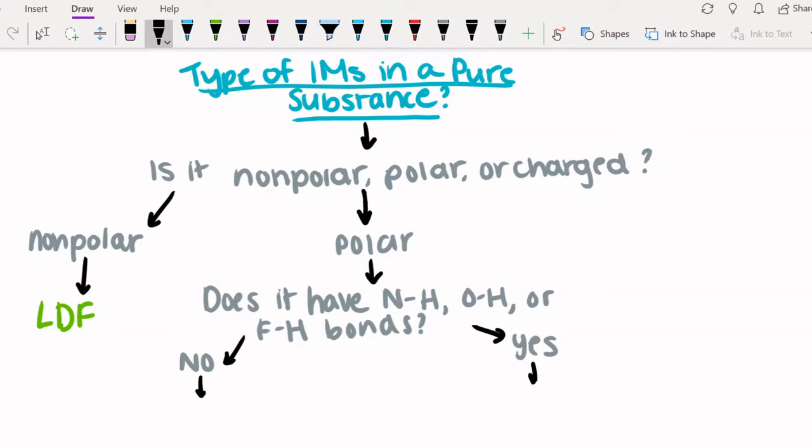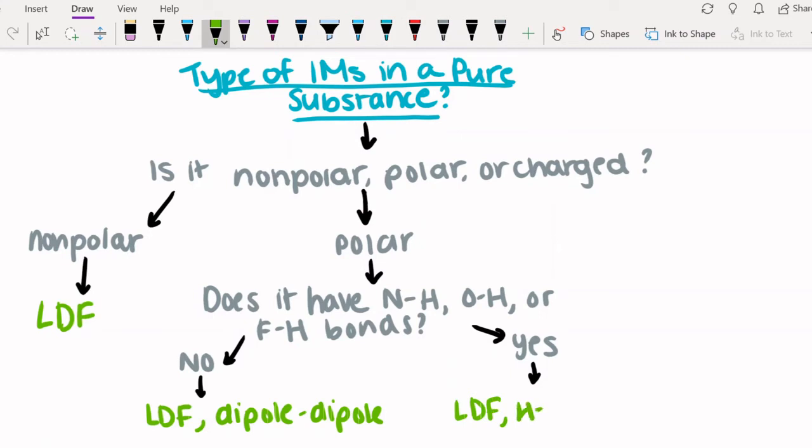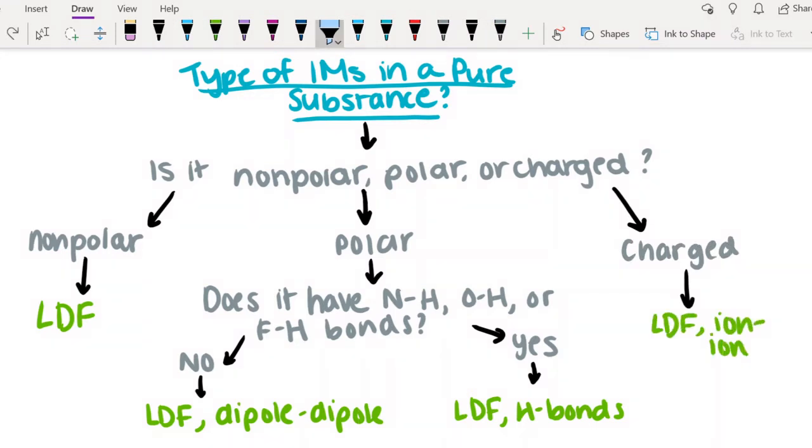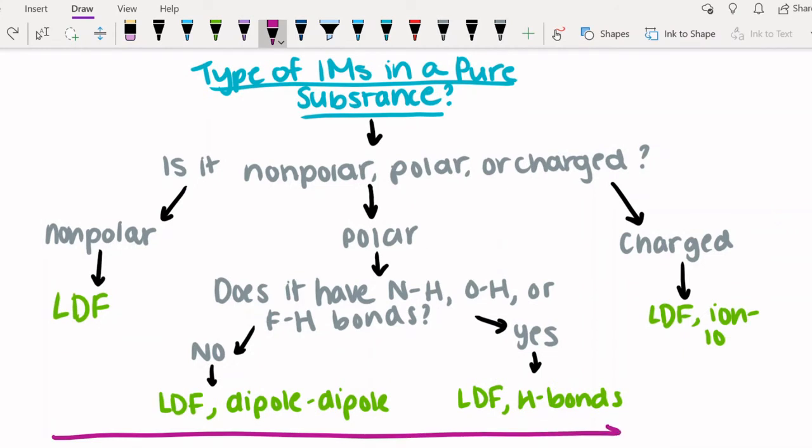If not, then the intermolecular forces present are dipole-dipole interactions and London dispersion force. If the molecule does have these very polar bonds, then it can form hydrogen bonds as well as London dispersion force. If the substance is made of ions, like a salt, then it has London dispersion force and ion-ion interactions.